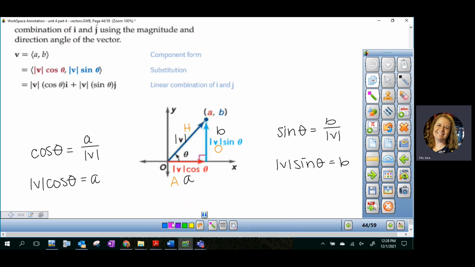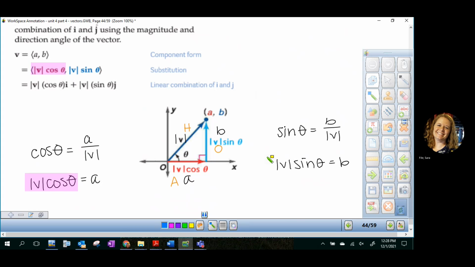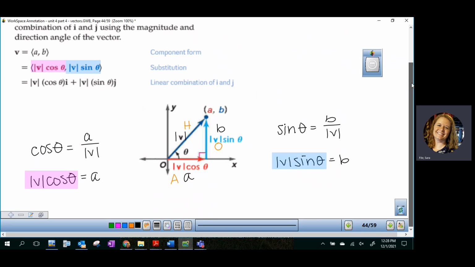So what that is telling us is this is the horizontal component. You can replace A with that in component form. This is the vertical component. You can replace B with that in the component form. Okay, and remember, this is the magnitude of V, the magnitude of the vector, and this is the direction angle.